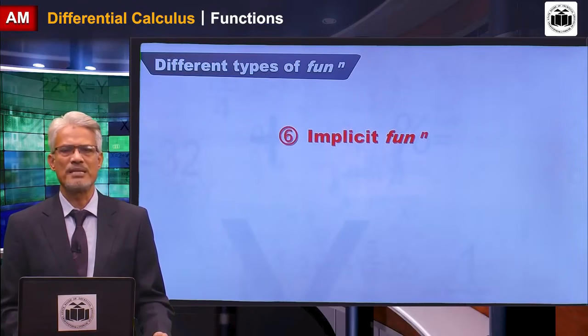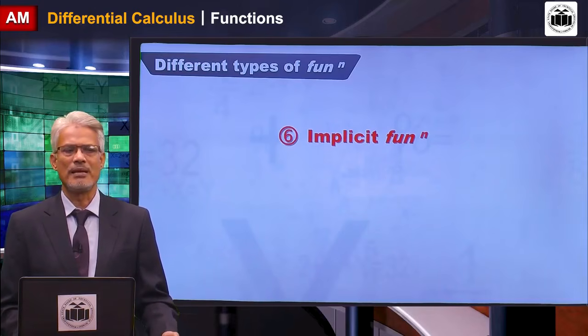The next one is implicit function. You know, implicit is the antonym of the word explicit. Explicit means plain and clear, saaf and suthra. Then implicit is mixed together, which is not plain and clear, is known as implicit.